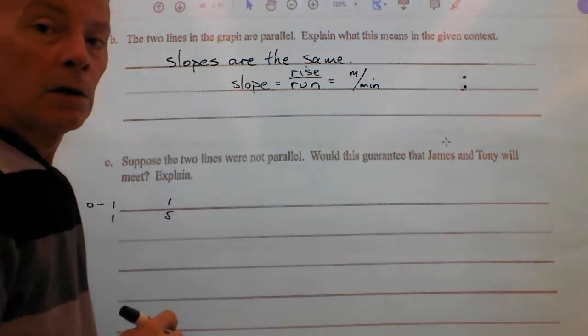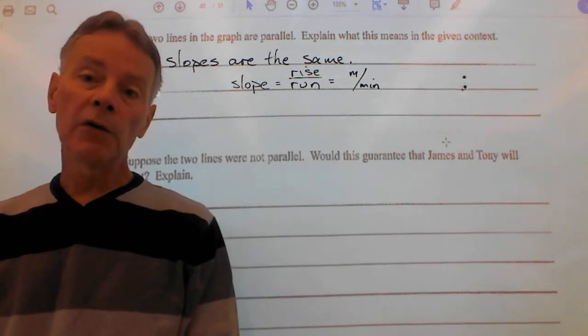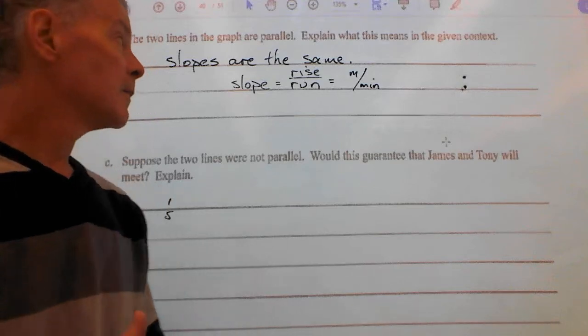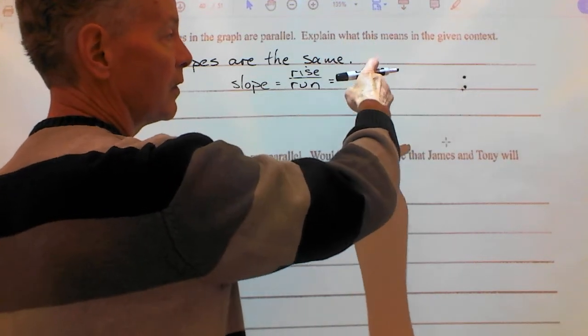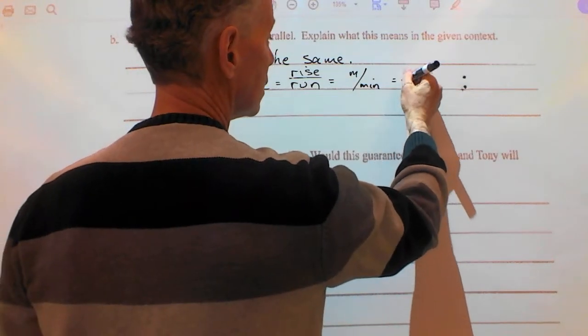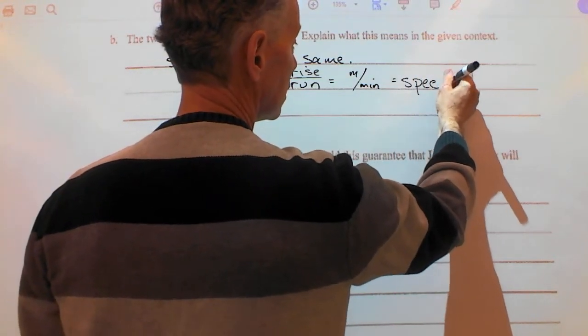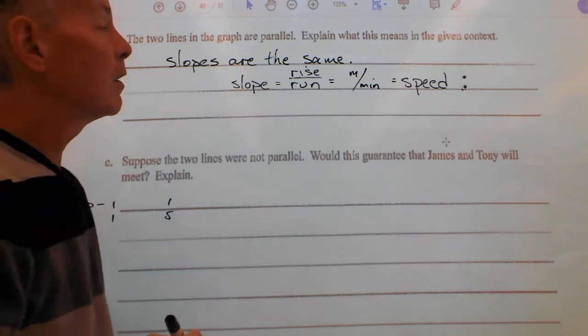Well, you'll all remember from Unit 2 of Science, the physics unit, the quantity whose units are distance divided by time is speed or velocity, okay?